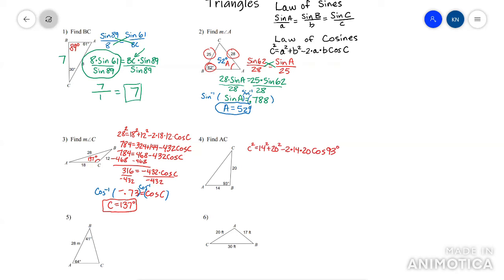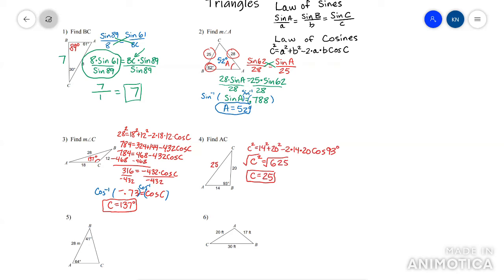Enter. So I got C squared equals 625. And then you just root that to get your C value, which would be 25. Again, since I did not have an angle and its opposite side length, I had to run law of cosines, not law of sines.